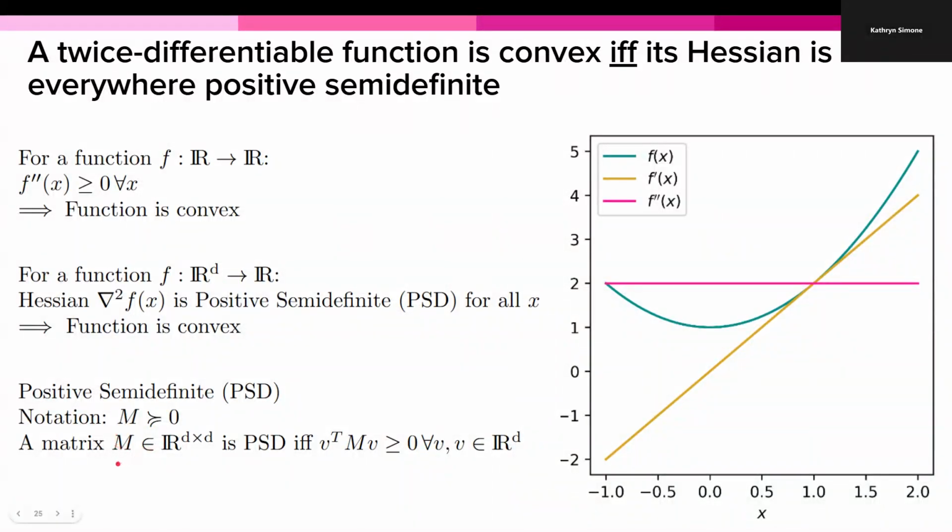Specifically, we say a matrix M of shape d by d is positive semi-definite if and only if for all v in R^d, the condition v transpose M v is greater than or equal to 0. And so putting all this together, if the Hessian matrix of a twice differentiable function f is positive semi-definite everywhere in its domain, then f is convex.